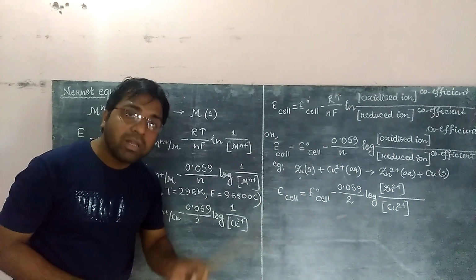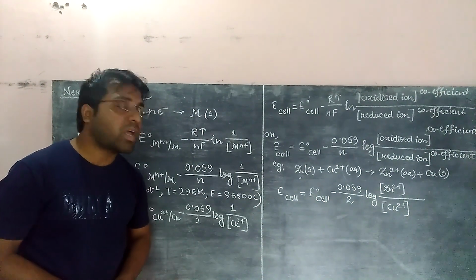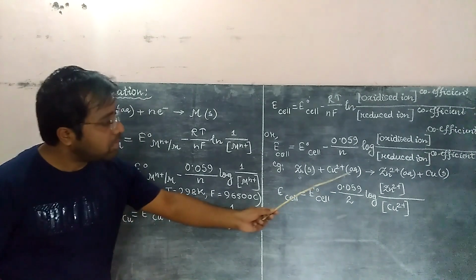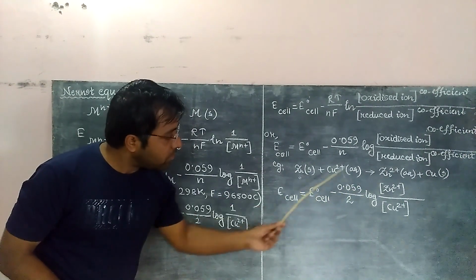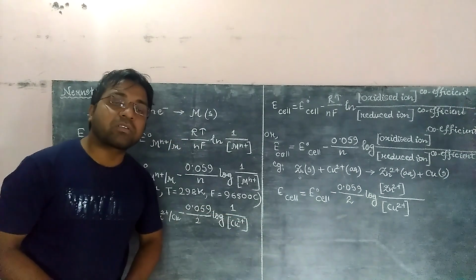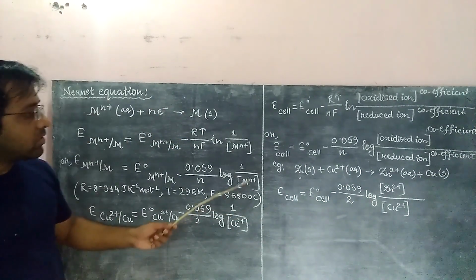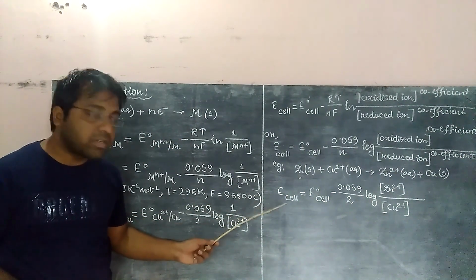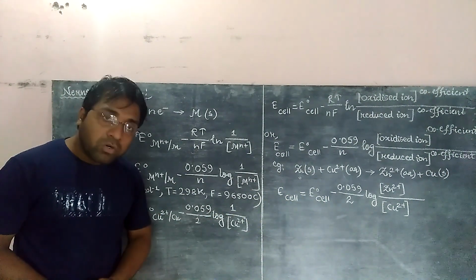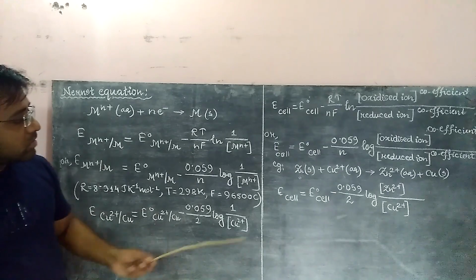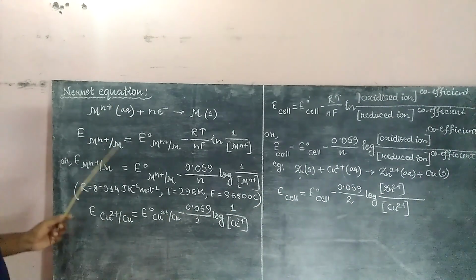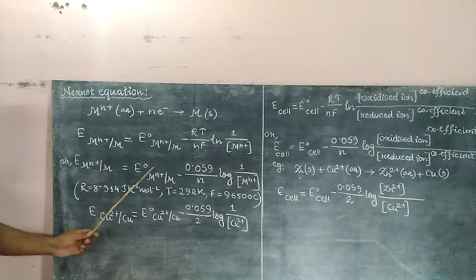Simply we will write only the ions which have definite concentrations. So we must remember this. So we'll be writing the ions along with the square bracket. The square bracket represents the concentration. So this way we can calculate the E cell for any kind of cell if E naught cell is known to us. So this is about E cell for a complete cell, and this is about the individual electrode.